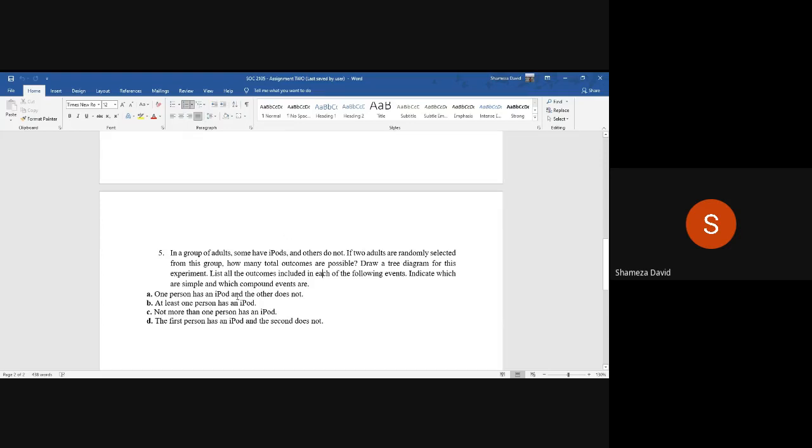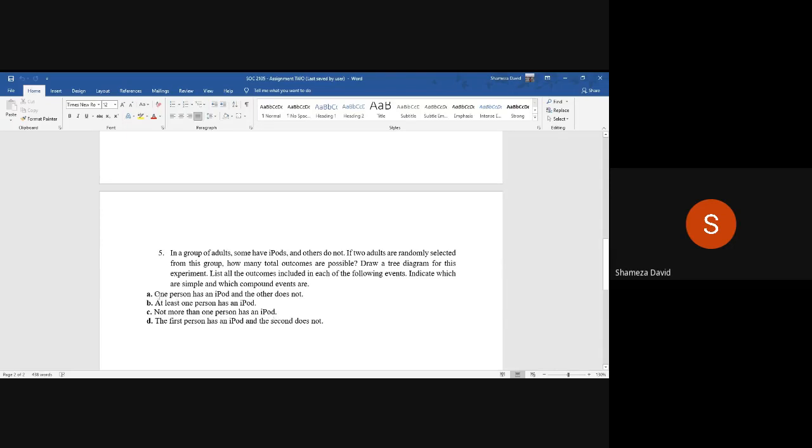So at least one person has an iPod. How many outcomes are included there? We know what at least means by now. And then not more than one person has an iPod. Again, not more than one. What does that mean? You'll be able to count that. And then the first person has an iPod and the second person does not.